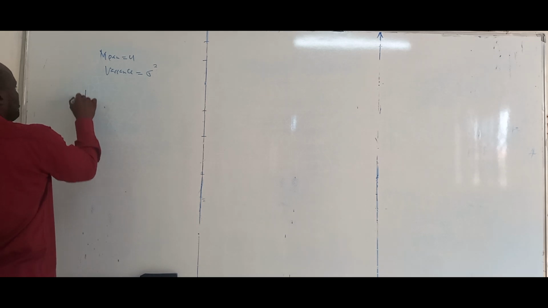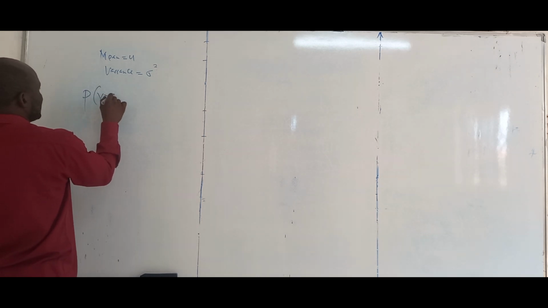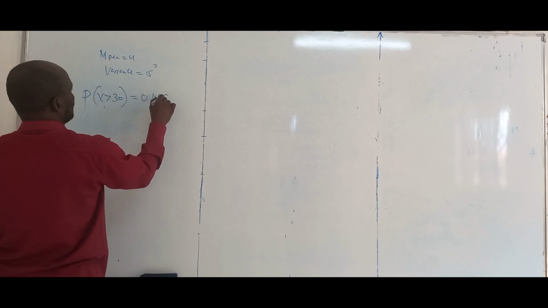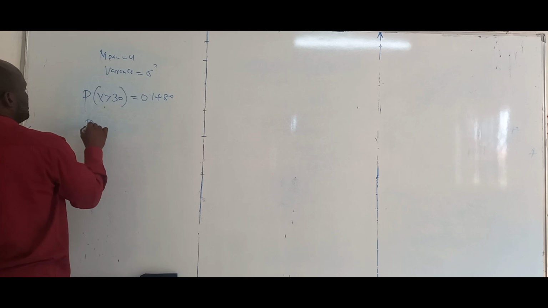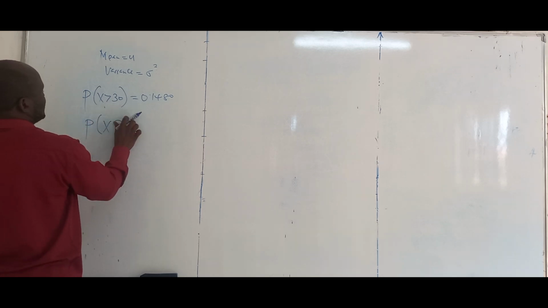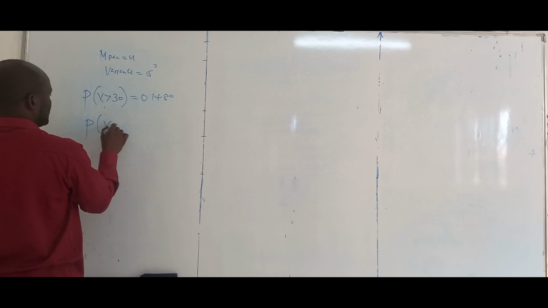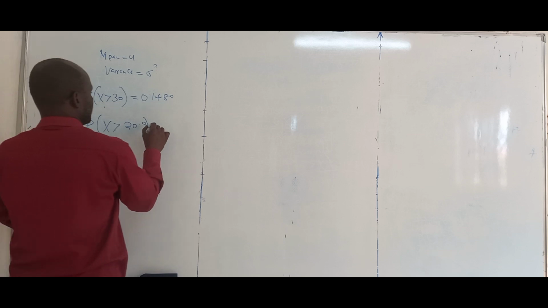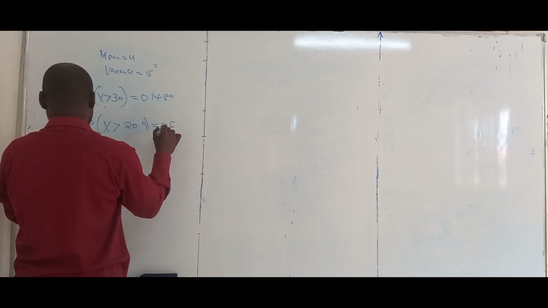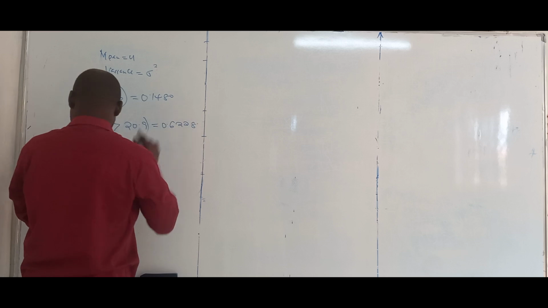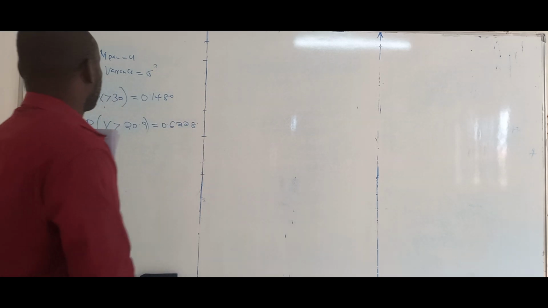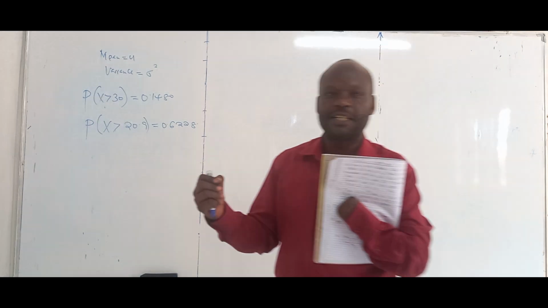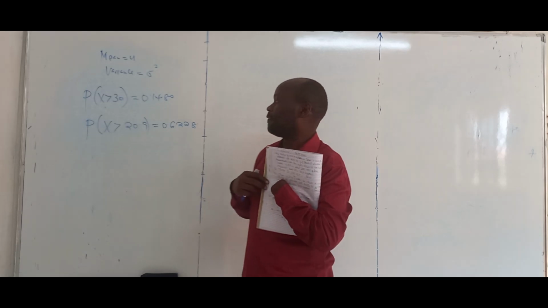Then we are told that the probability that X is greater than 30 is equal to 0.1480, and the probability that X is greater than 20.9 is 0.6228. Find the mean and the standard deviation.